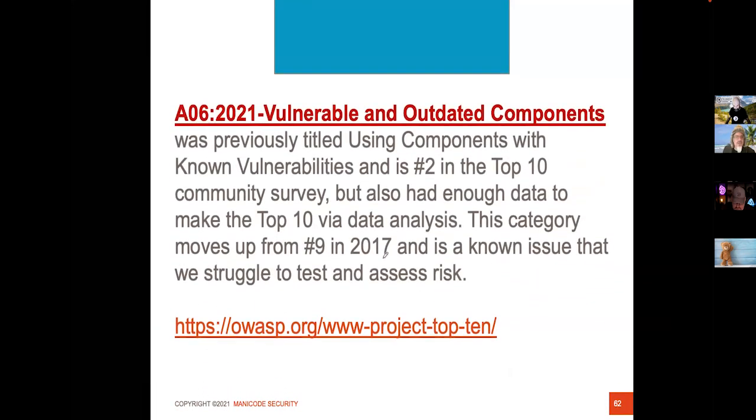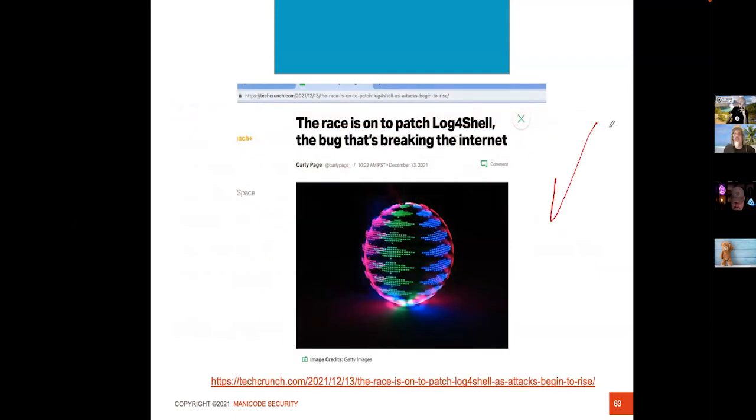This was voted in by the community vote as number 2. It was also proven to be important by looking at the data straight up. By the way, the data says this should be in 6th place, but the moment Log4Shell came out, if we could reanalyze all of our data with Log4Shell considered, A6 would immediately be the very first item, because Log4Shell is the greatest vulnerability of all time.